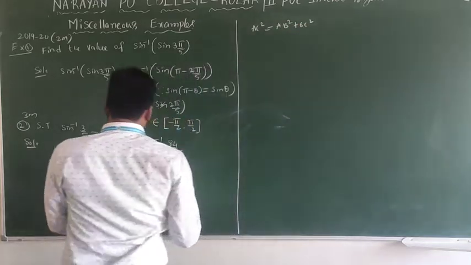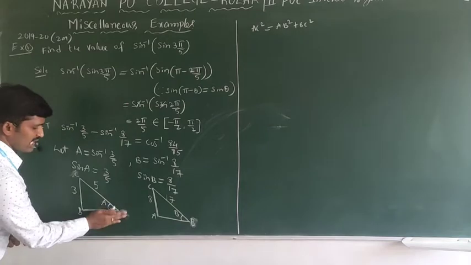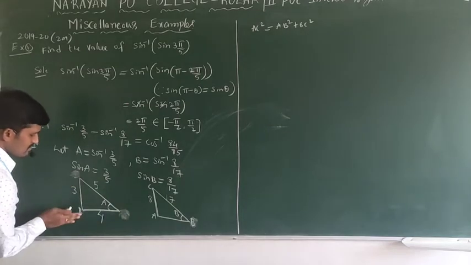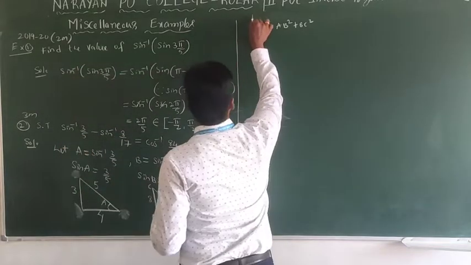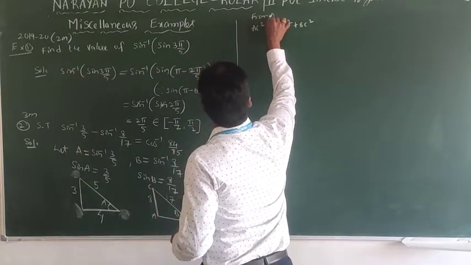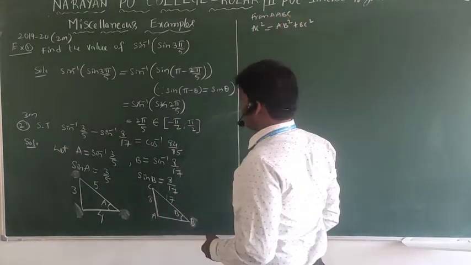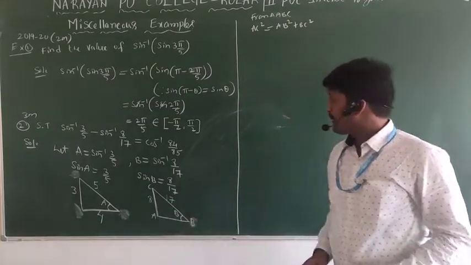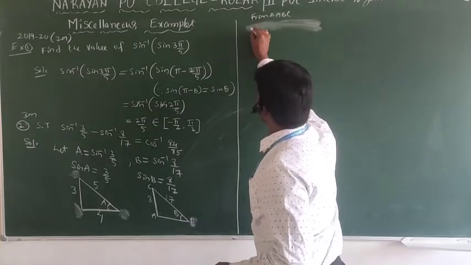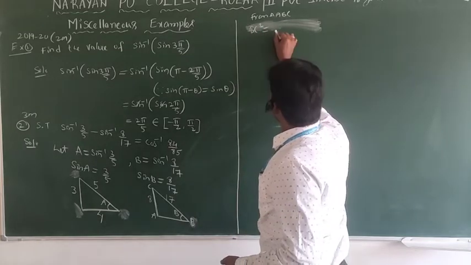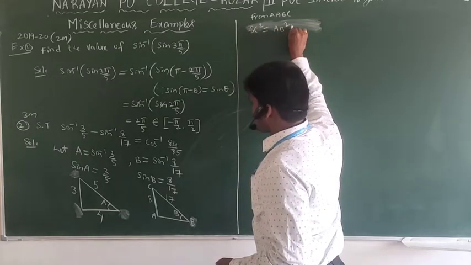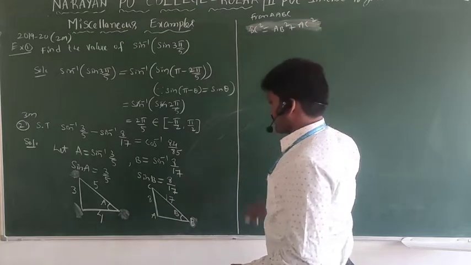If you want to take different triangles, they are not actually required, because these are known values only. From triangle ABC, if you don't know the adjacent side AB, you can rearrange like that values wise. BC square equals AB square plus AC square.